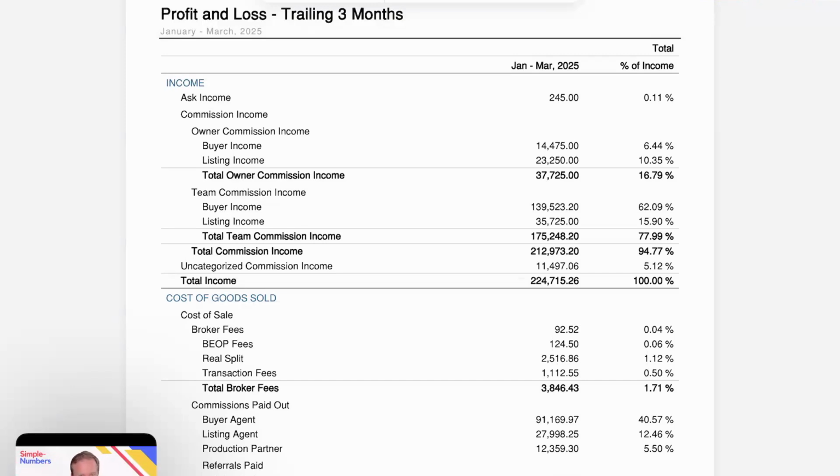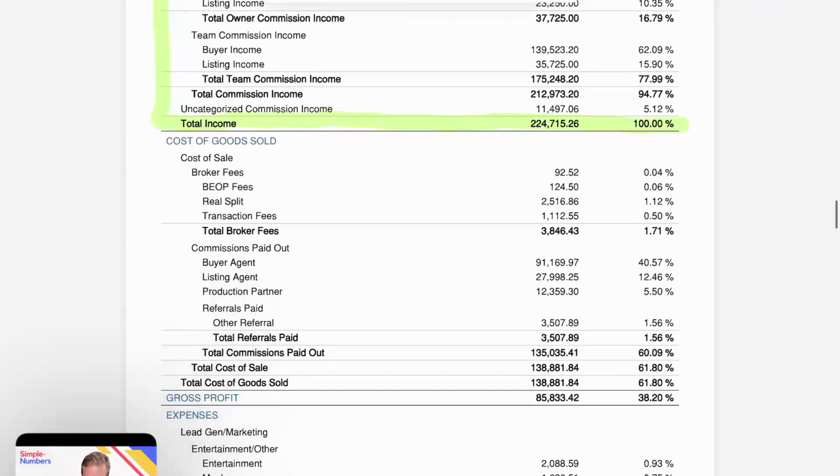The first lens is going to be through the lens of the IRS. So let's look through that. For example, total income. Let's start with that category. $225,000 of total income for this team, January through March of this year. The second section of our P&L is our cost of goods sold. How much got paid out to agents, the broker, and referrals.